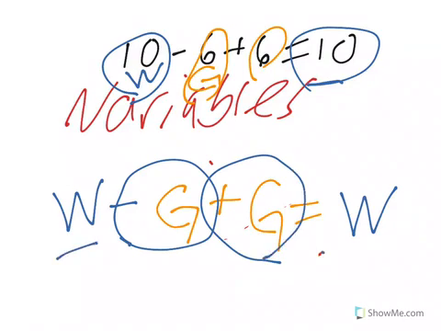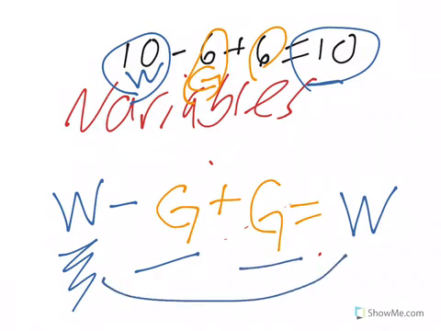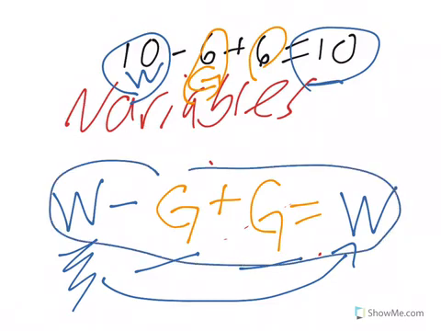So basically you end up with W equals W. The other thing that this expresses is that if you have a value and you take away a number from that value, and then you add back in the same number, you're going to end with the original value. So we've talked about variables, we've talked about expressions. Now let's use this rule, W minus G plus G equals W, to solve a couple of problems.